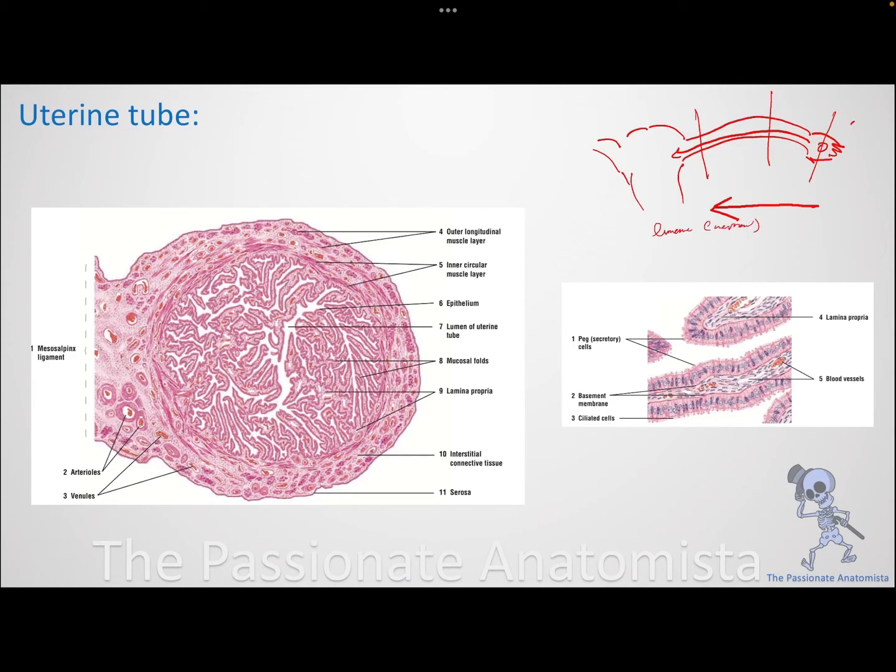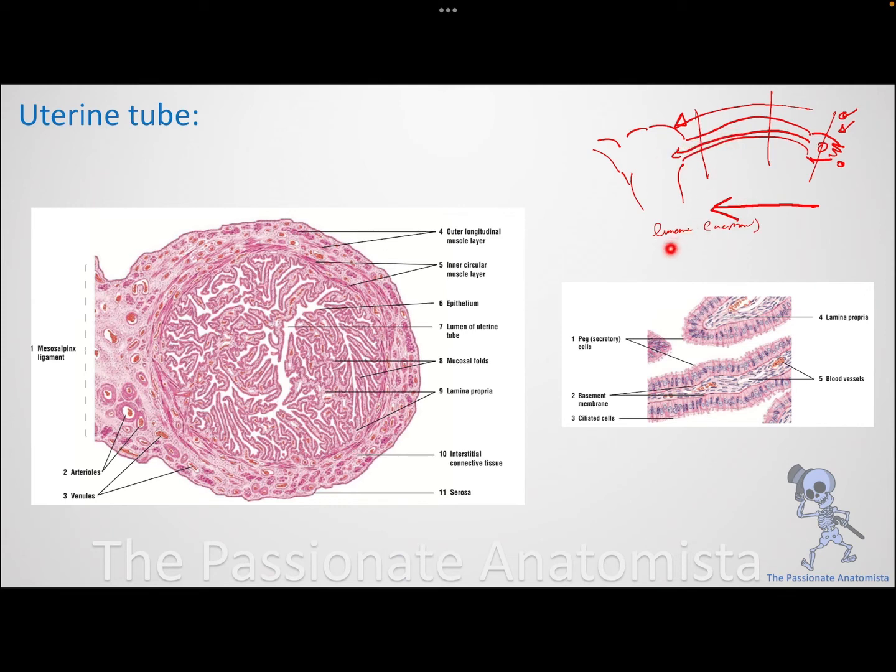Because at that point, I'm trying to get the oocyte and I'm trying to fertilize the egg and I'm trying to have enough space to suck up this oocyte and have it housed in my place. But as I get into the uterus, I don't need that space. It's already there. I already took it from the ovary and I don't need it to be there. It's already there and it's already moving into the uterus.